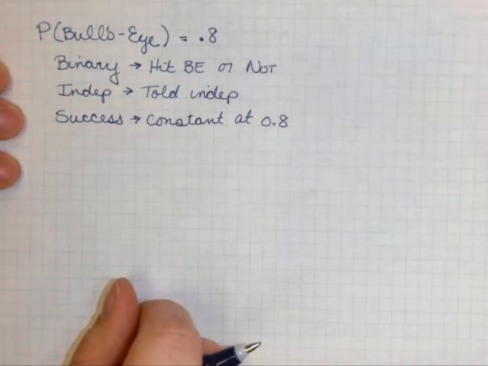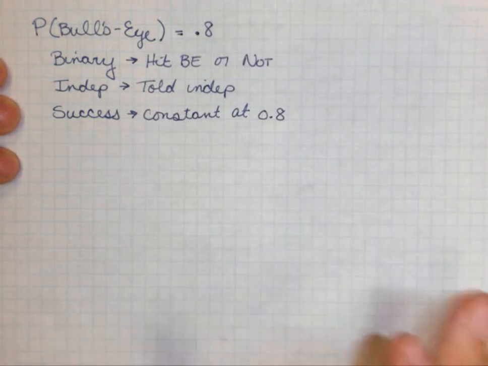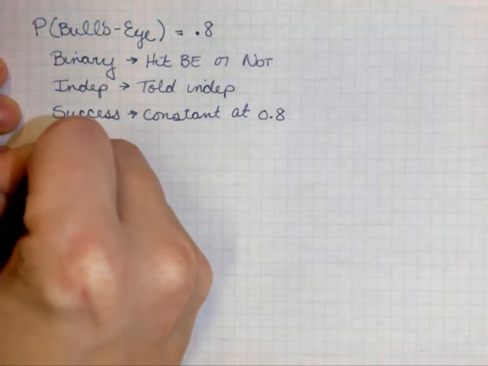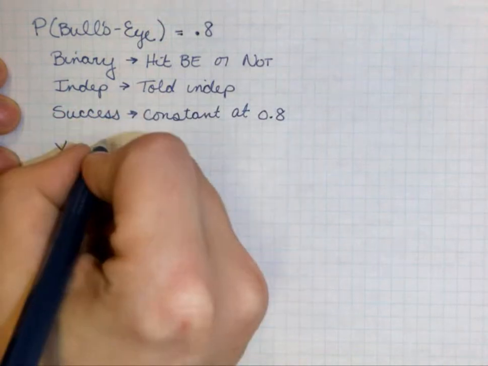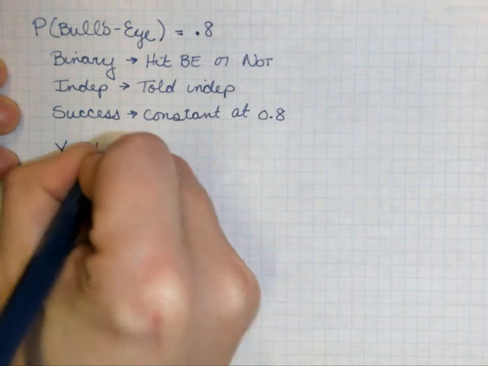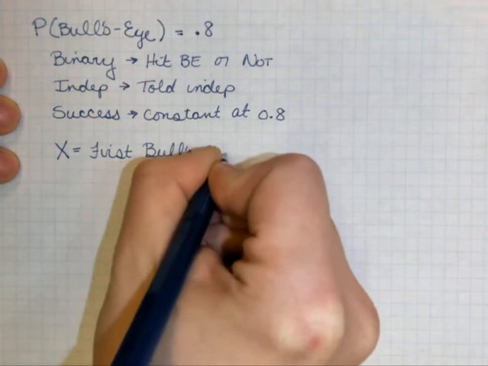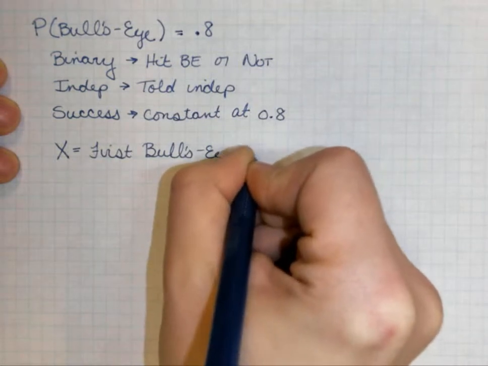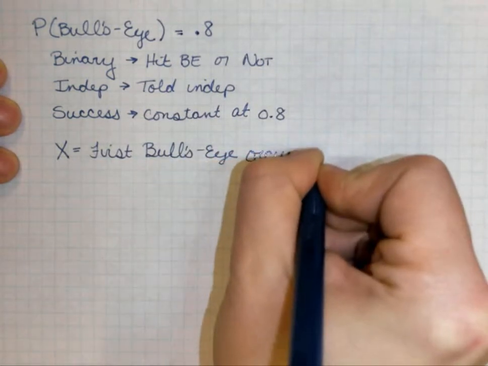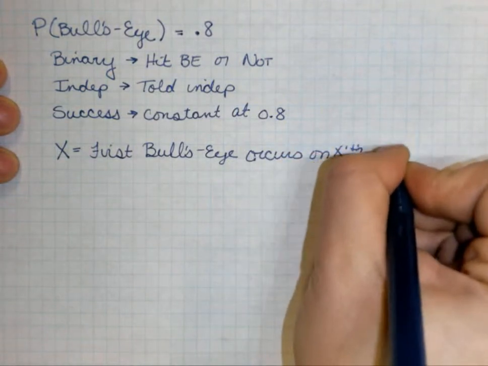Now, what you've got to be careful with, and this is the thing that a lot of people forget, is you need to define your variables. We have two different situations going on here. So I'm going to let X be the first bullseye on the X shot.